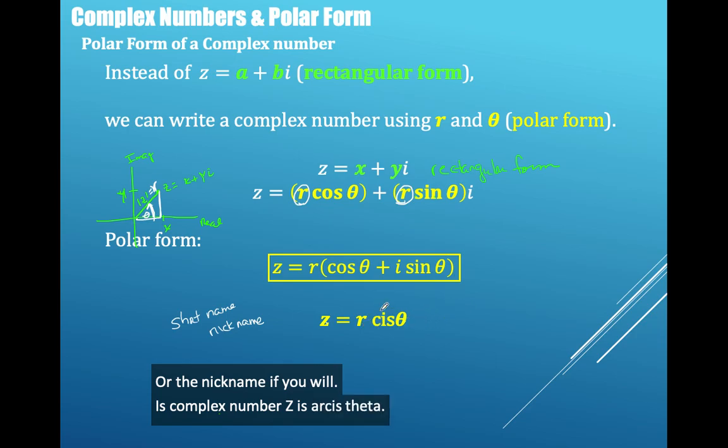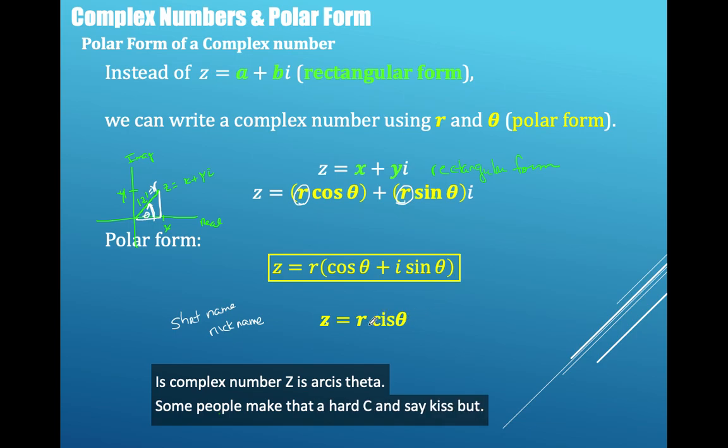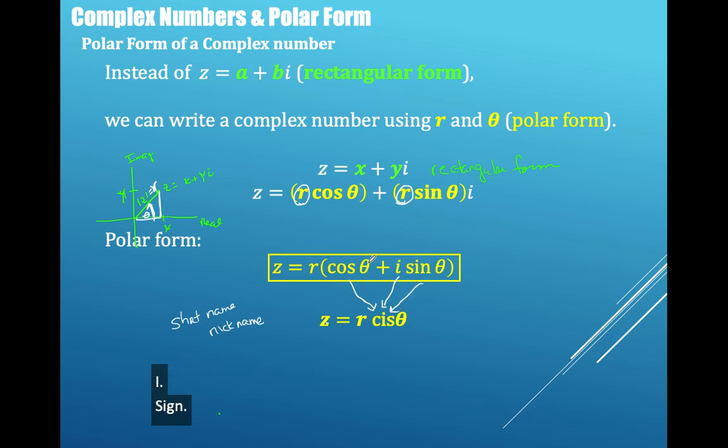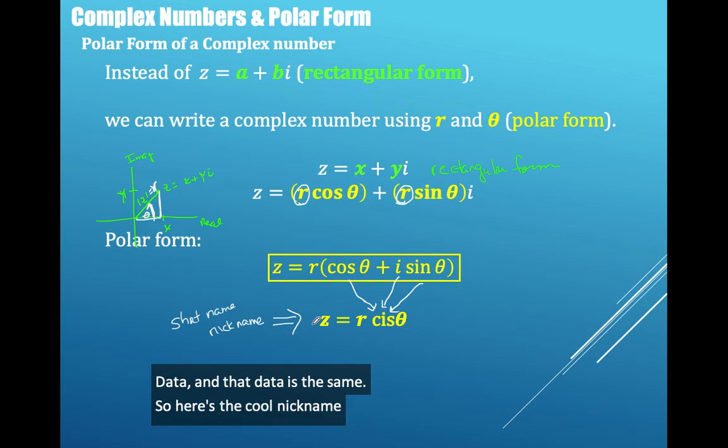Some people make that a hard c and say kiss, but weird. I say r cis theta. And it's the radius cosine theta plus i sine theta, and the theta is the same, right? So here's the cool nickname for the polar form of a complex number.